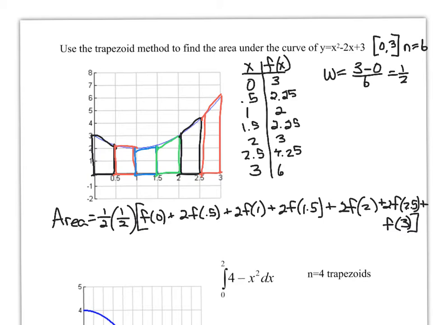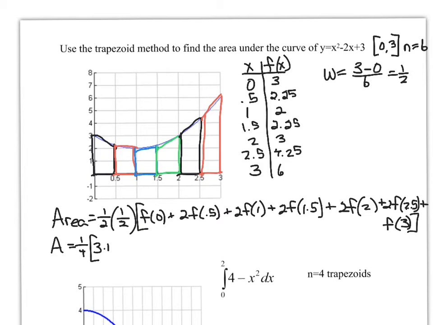Now I really need the function values here, so I'm going to say the area is equal to 1/2 of 1/2 is 1/4, and then we will fill in our function values. So the function value at 0 is 3.